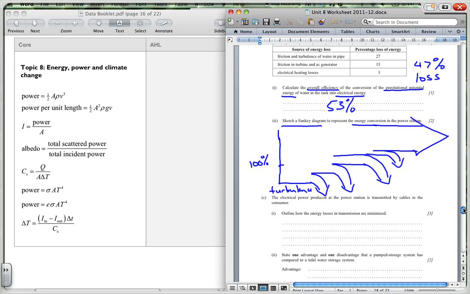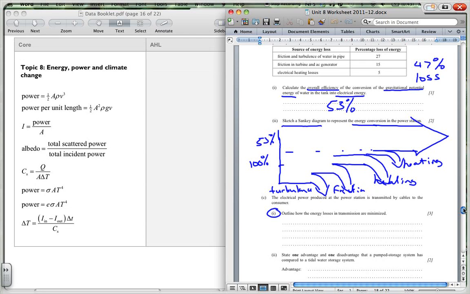Now this should correspond to 53%, so it should be slightly more than half. As you can see, my diagram isn't great. You should put in here your friction, your heating losses, so we get our turbines, water, heating losses, and also heating losses over here. Okay, something like that.